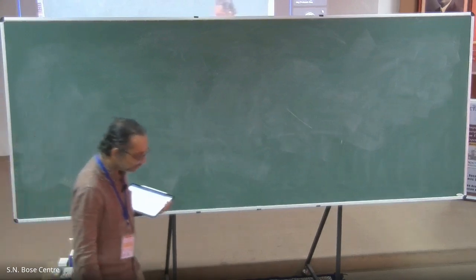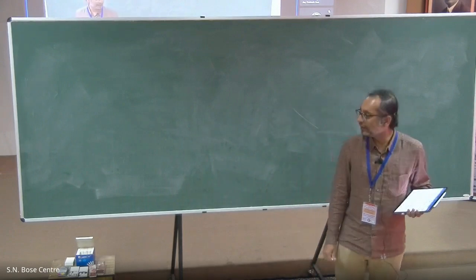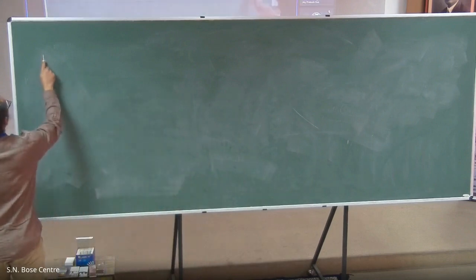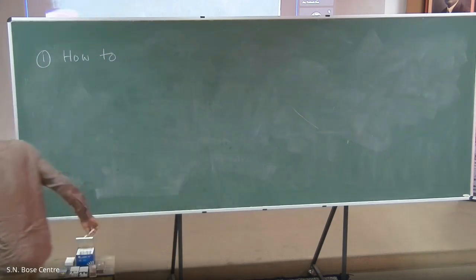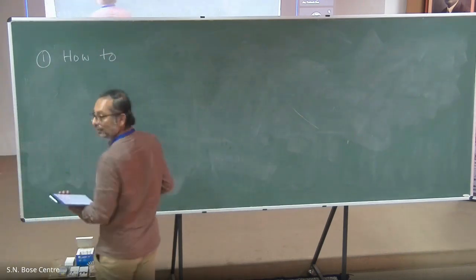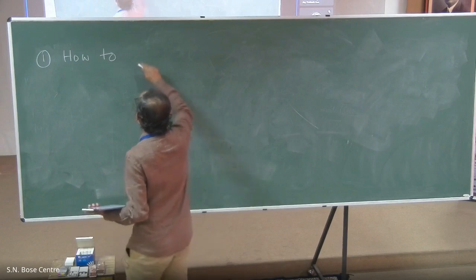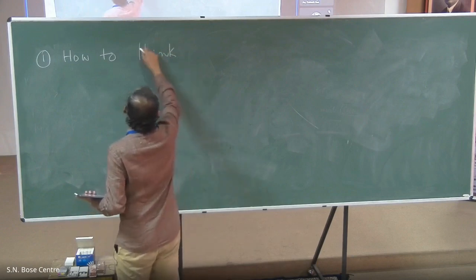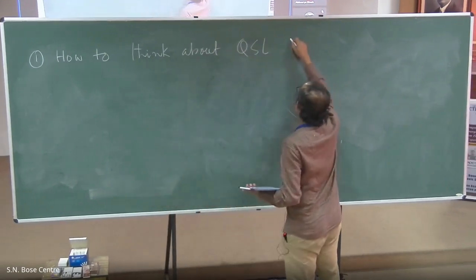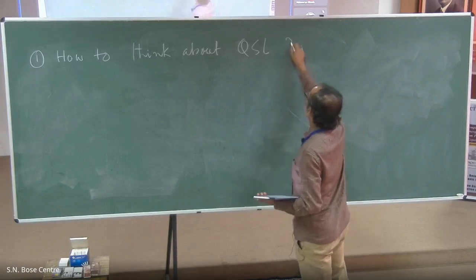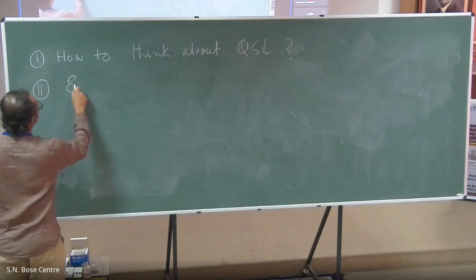So the plan is as follows. I'll set up the problem roughly by the middle of this talk. So I'll basically set up the problem of how to think about quantum spin liquids, and then I'll delve into an example.